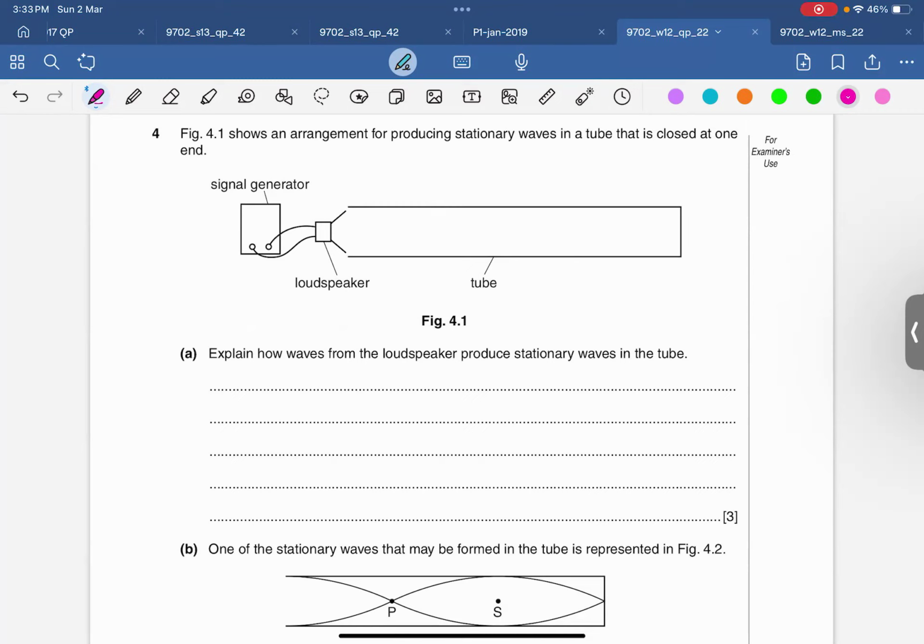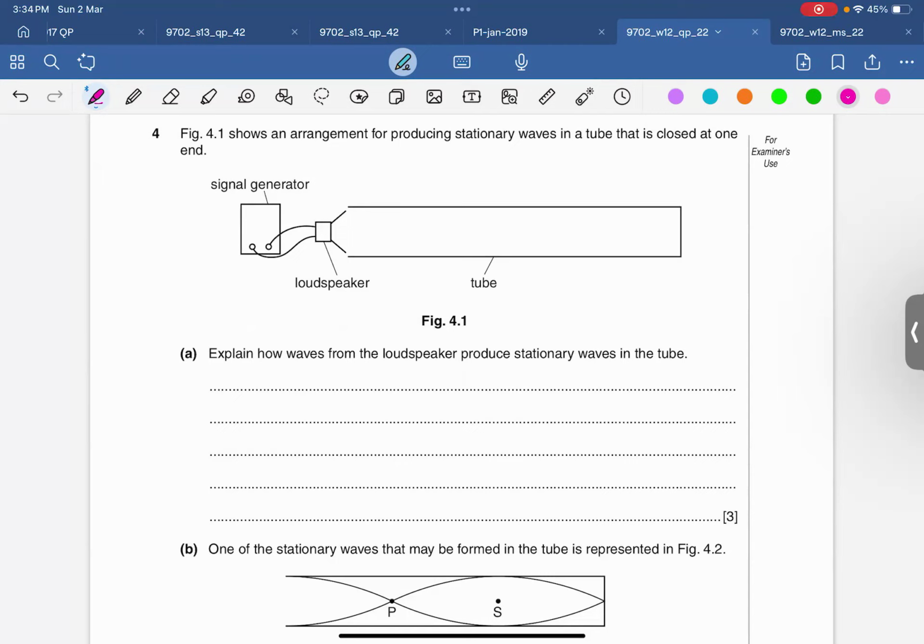What do you say? I don't know, they overlap. Come on, in 3 marks you can't say that. They superimpose. Okay, good, but you have to relate it to the given scenario. They have the signal generator and the loudspeaker.